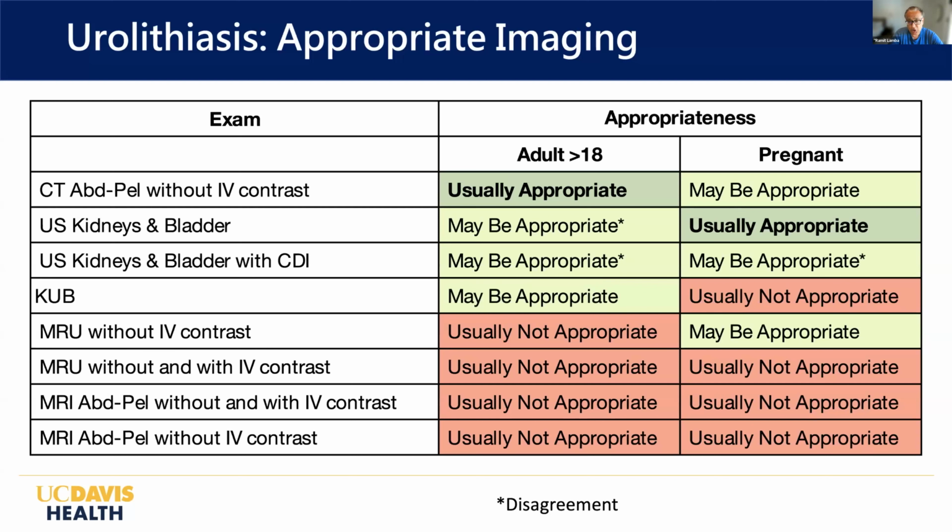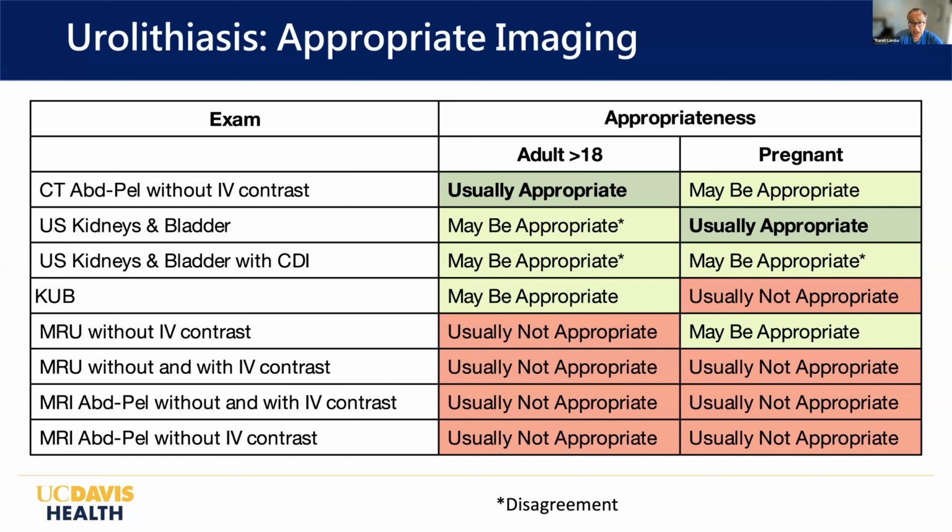The reason I would do that is alternative diagnosis, because you can still pick up a stone in the ureter on a portal phase CT. But giving contrast is an opportunity to pick up an alternative diagnosis, because stones can mimic other entities such as Crohn's disease or acute appendicitis at times.